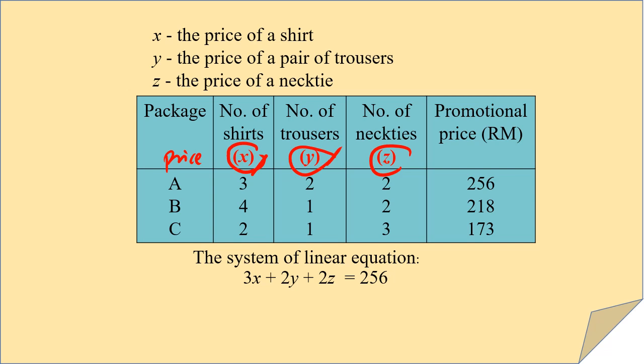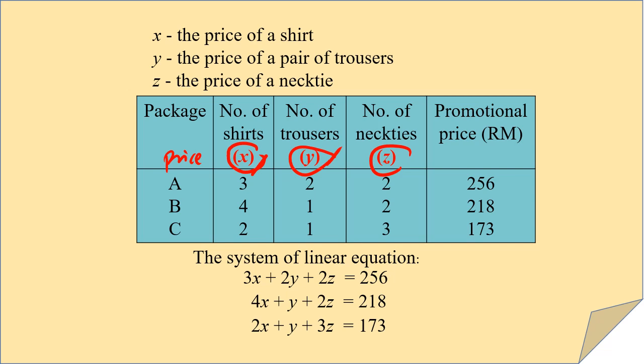So 4 shirts multiplied with its price plus 1 trousers multiplied with its price plus 2 neckties multiplied with its price will have a total of 218. The same for package C. 2x plus y plus 3z is equal to 173. Okay, so we have this system of linear equations with 3 variables x, y, z.